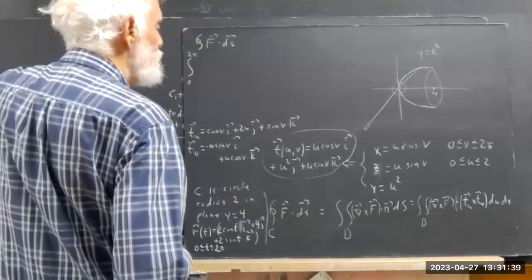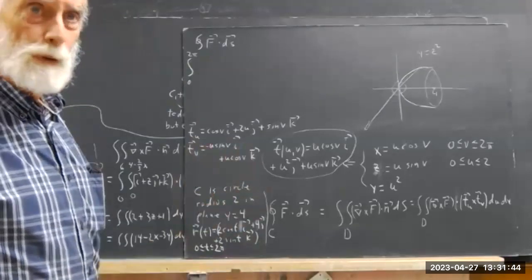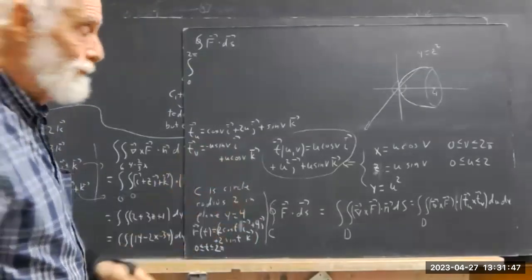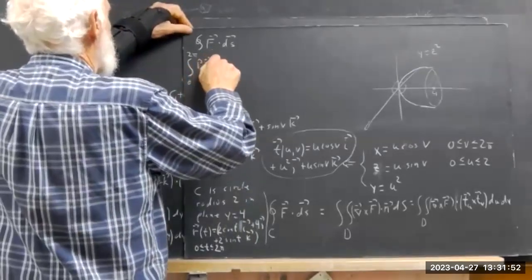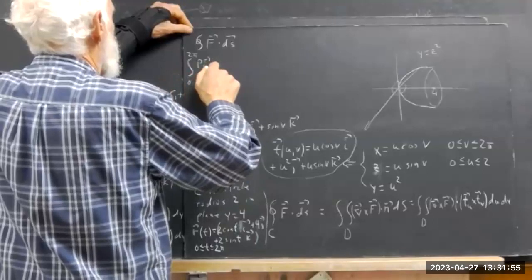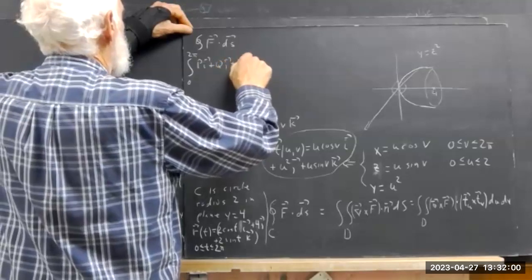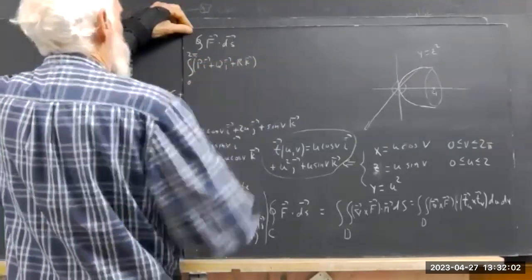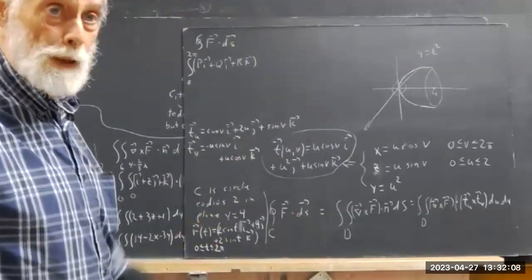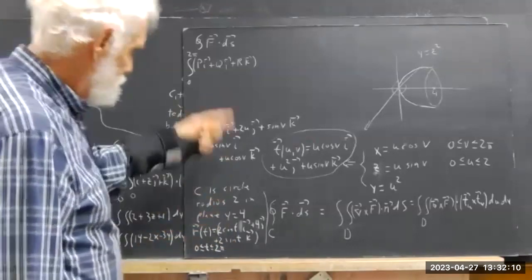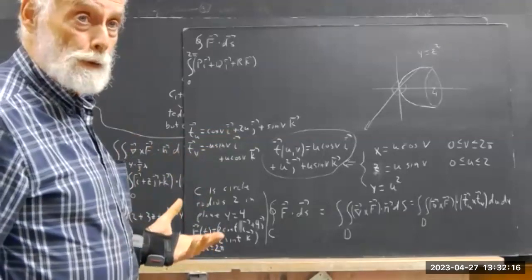Oh, F, whatever F happens to be. Okay, I'm not going to put it in there. We're just going to do it generally. Let F be P I plus Q J plus R K, with P, Q, and R functions of X, Y, and Z. That we substitute from this relation.